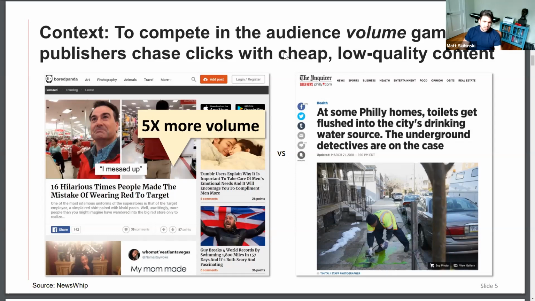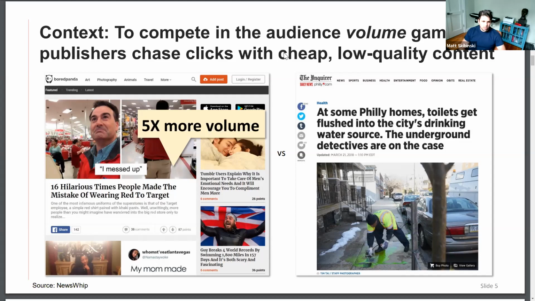In this case, looking at the data, the amount of traction that "16 hilarious times people wore red to Target," meaning they looked like the Target employees, versus a really deep investigative report done by the Philly Inquirer about literal toxic sewage in the city's water.